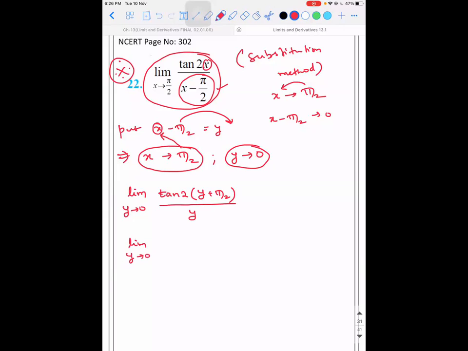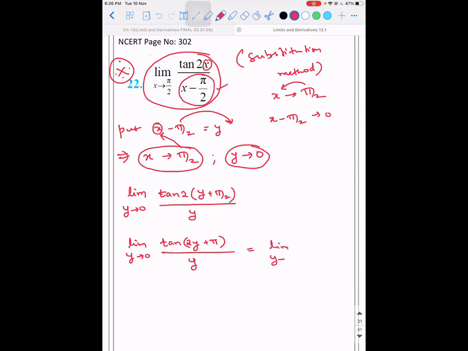So limit y tends to 0, tan of 2y plus pi, divided by y. Tell me, is there any doubt till this step, guys? No, sir.